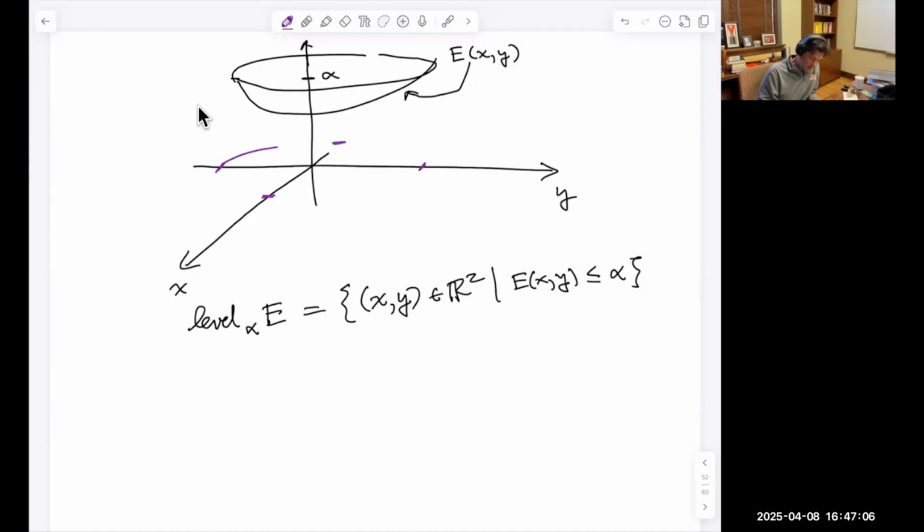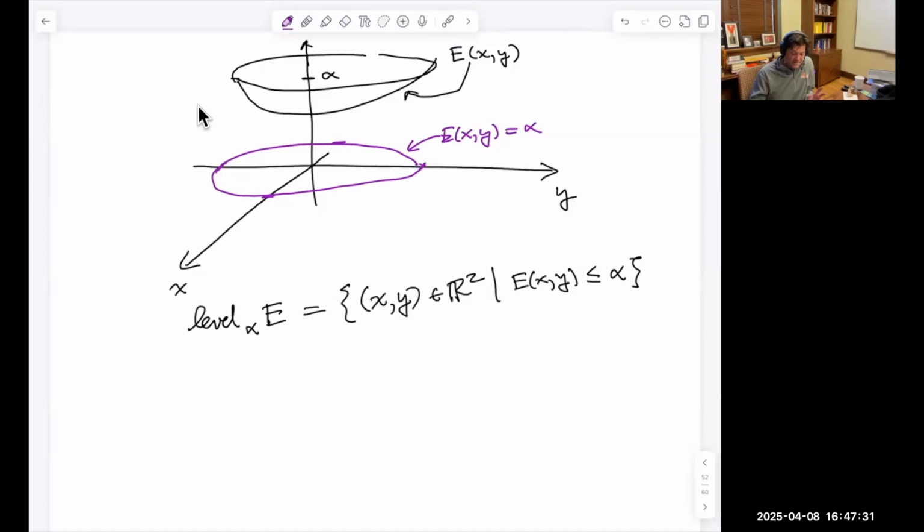And in general, for a classical paraboloid, that is going to be some sort of ellipse. That's where we're exactly equal to alpha. So this set here is the set where we're exactly equal to alpha. That's called the level set or the level curve.